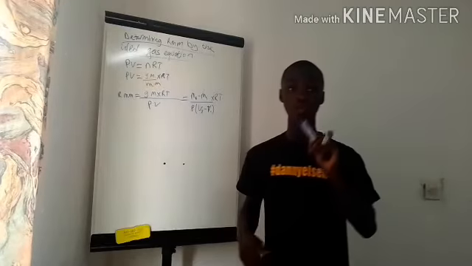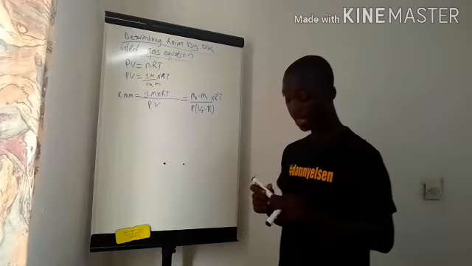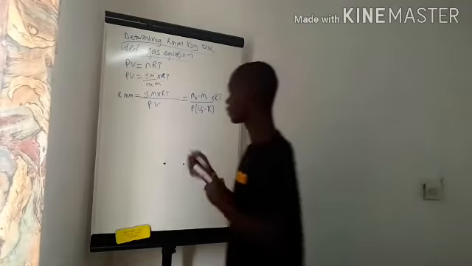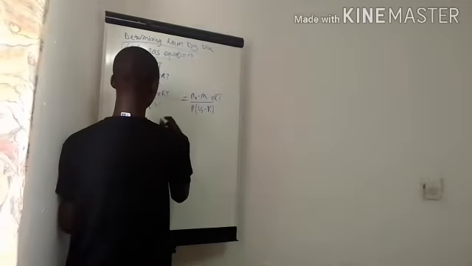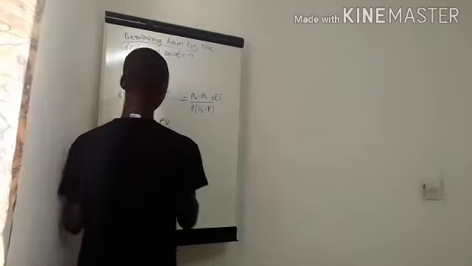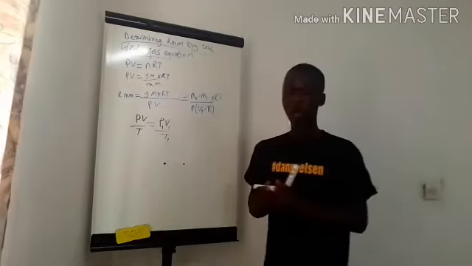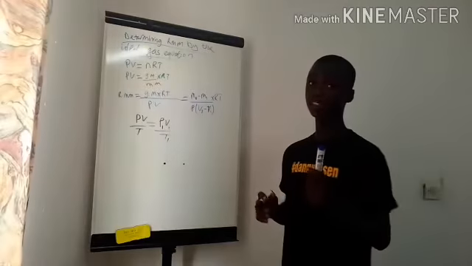Moreover, we can still use this relationship we derived last time from the ideal gas equation, which is P1V1 on T1 is equal to P2V2 on T2. Now, how can we use this particular relation in deriving the relative molecular mass?